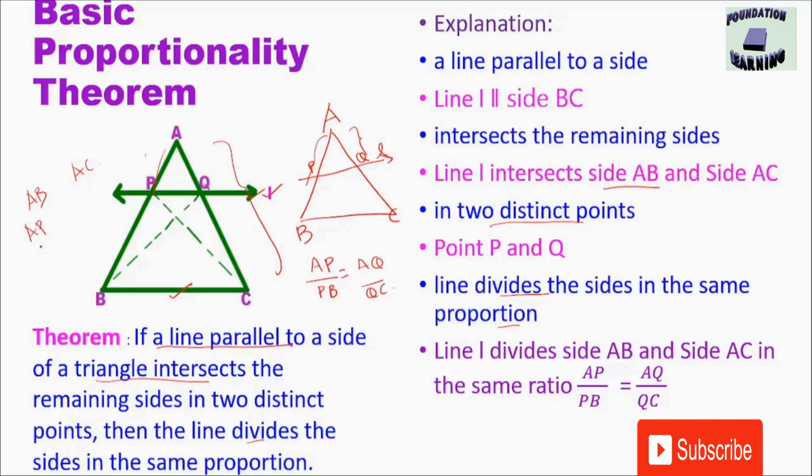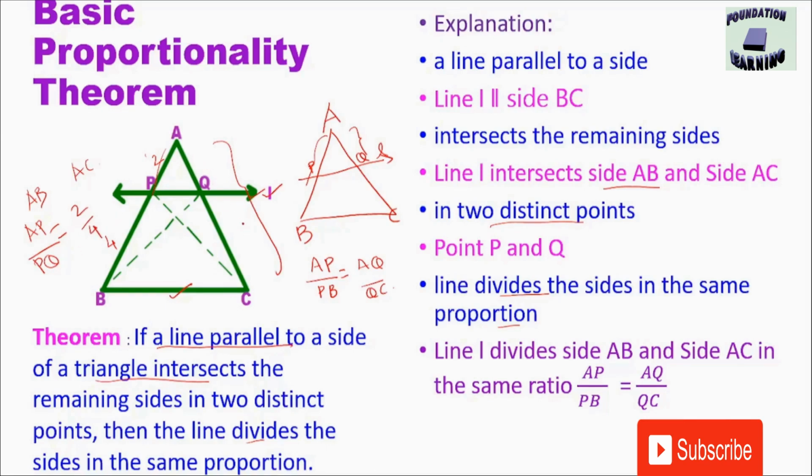AP upon PB is equal to AQ upon QC. We'll understand it in a much better way, but you just remember it. Suppose AP is 2 and PB is 4. Okay, so we'll write 2 upon 4.